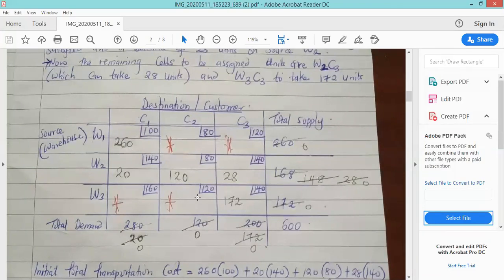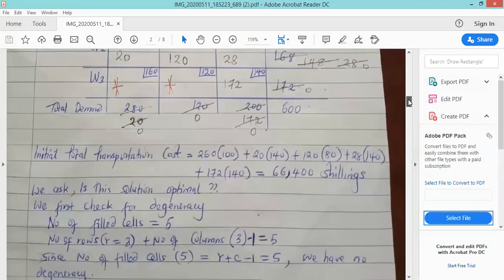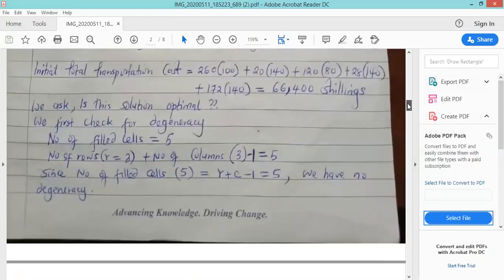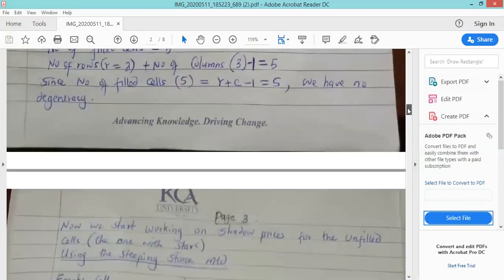We have 5 filled cells. How many rows, how many columns do we have? Rows are horizontal, there are 3. Columns, there are 3. Again, vertical. 3 plus 3 minus 1 will give us a 5. So the number of filled cells equals the number of rows plus the number of columns minus 1.